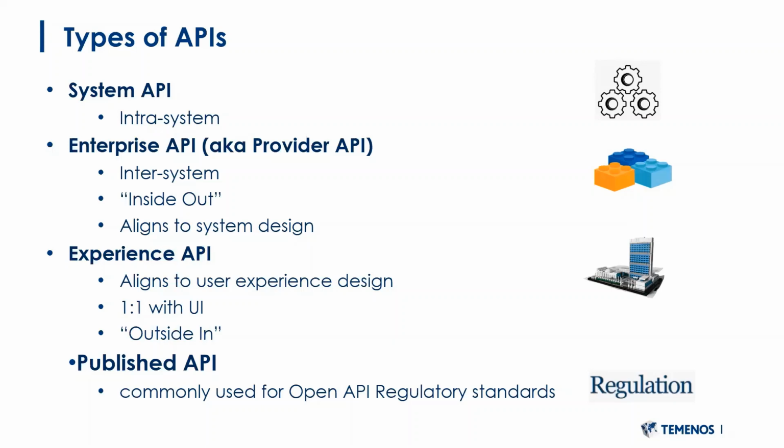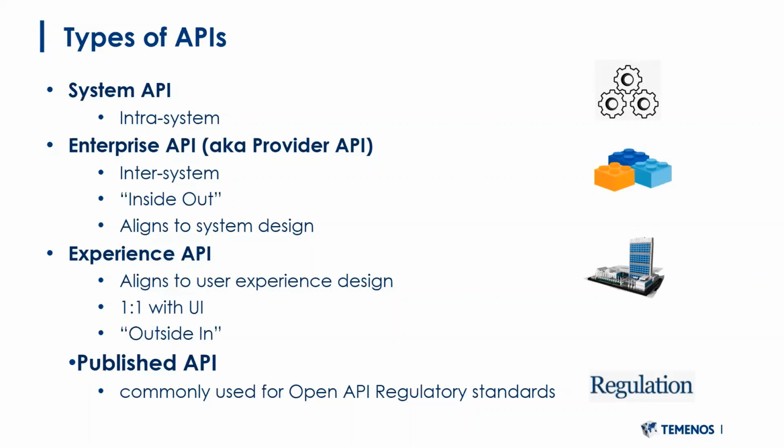Front office may want to, let's say, check a balance, and the balance is in the back office. So front office calls this enterprise API to get the balance information. Enterprise APIs are very important to the ecosystem and are the only way systems can communicate with each other.